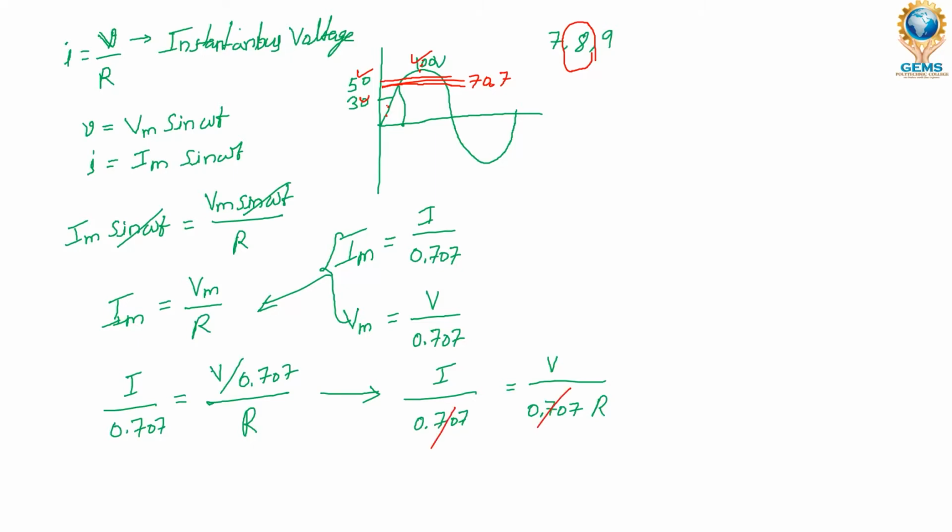We get the formula I equals V by R. This is the current formula in resistive networks.